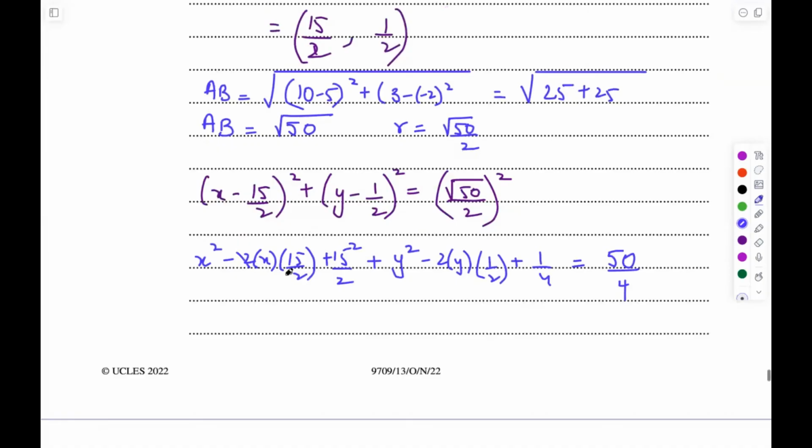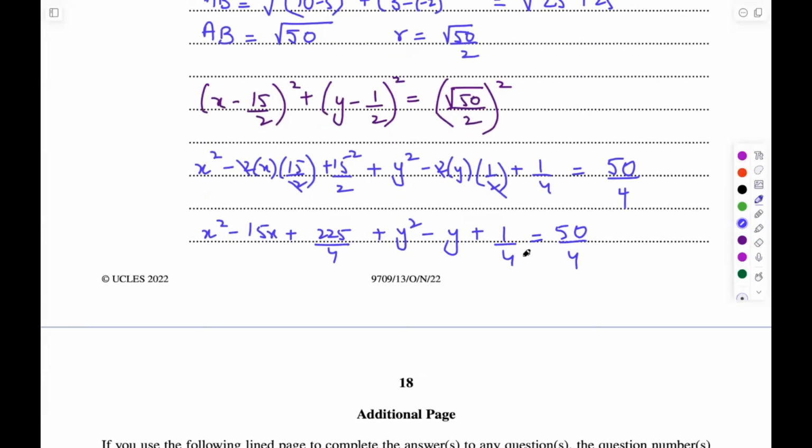Now simplifying this, 2 and 2 will cancel out. So we'll get x squared minus 15x plus 225 upon 4, since 15 squared is 225, plus y squared minus, and here too the 2 and 2 will cancel out, y squared minus y plus 1 upon 4 is equal to 50 upon 4.